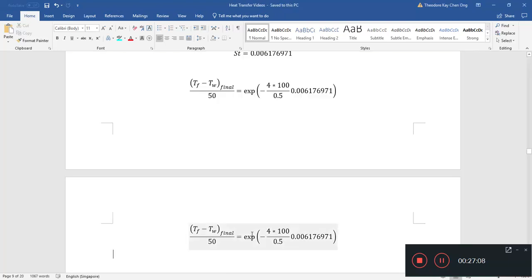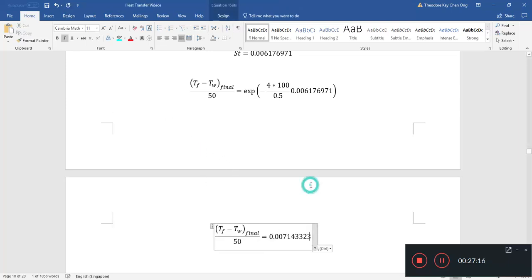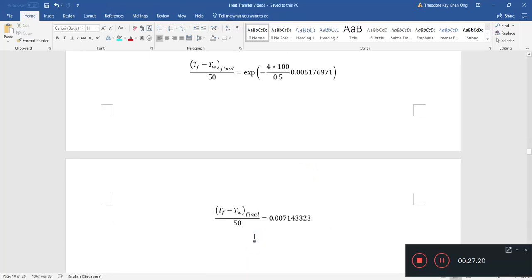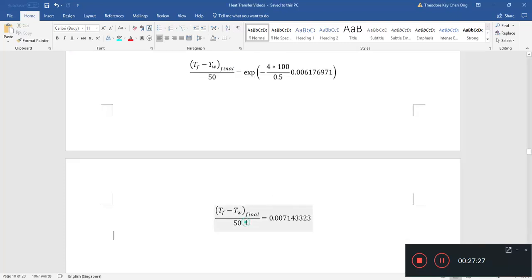You find that the number is pretty small. I'll just paste the text better. And then we'll have a final temperature. So it's 50 times this number plus T wall, right?